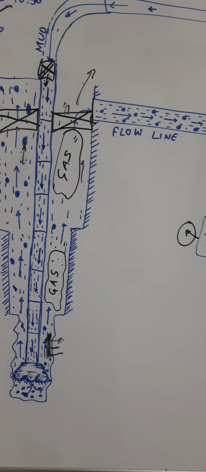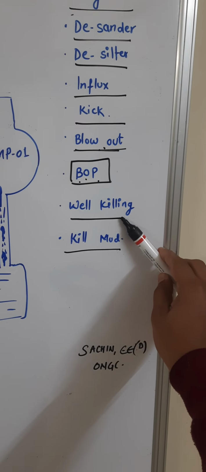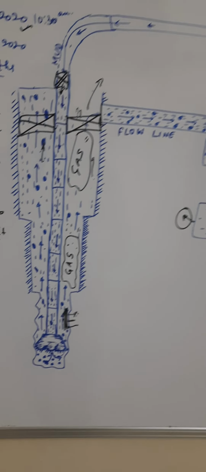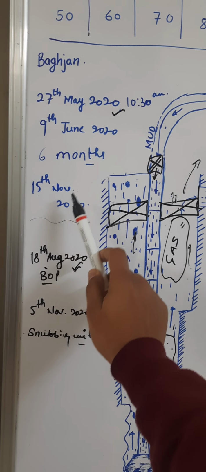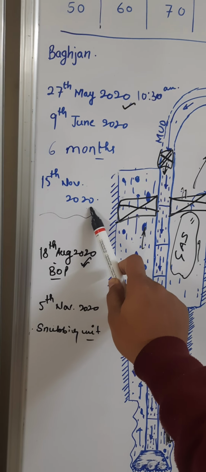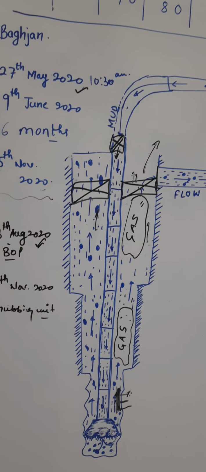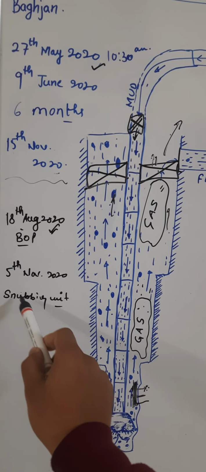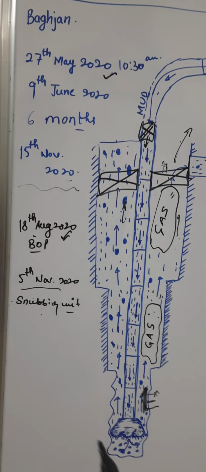When this happens completely, this is called well killing. That well has been killed. In Baghjan, we killed the well completely on 15th November 2020, for which we used a special unit, a snubbing unit from Canada. We brought that on 5th November from Canada by air.